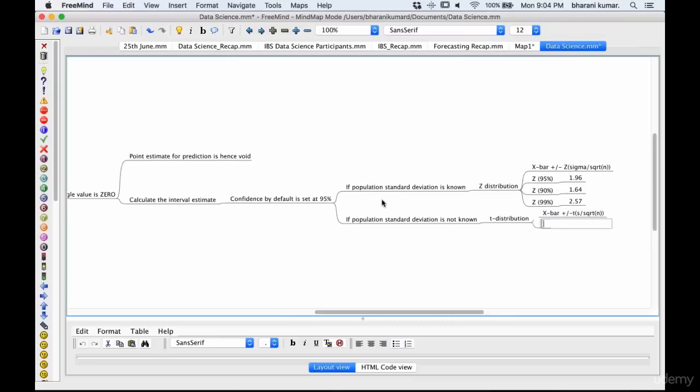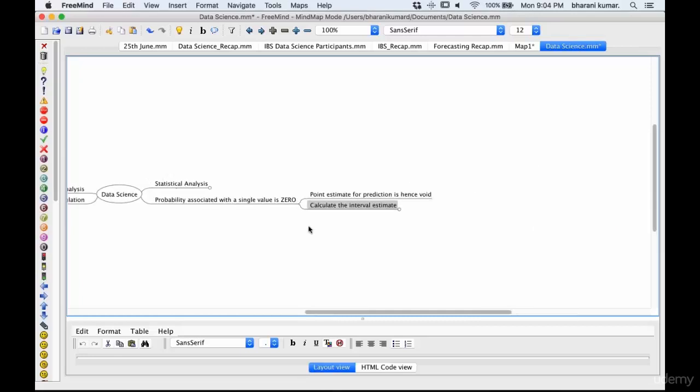And when you want to calculate the T value, you have to look into confidence, which is 1 minus alpha, and you also need to look into degrees of freedom, which is n minus 1. So if you have these two values, you can calculate the T and substitute here. This is how you counter the problem of probability associated with a single value being 0.